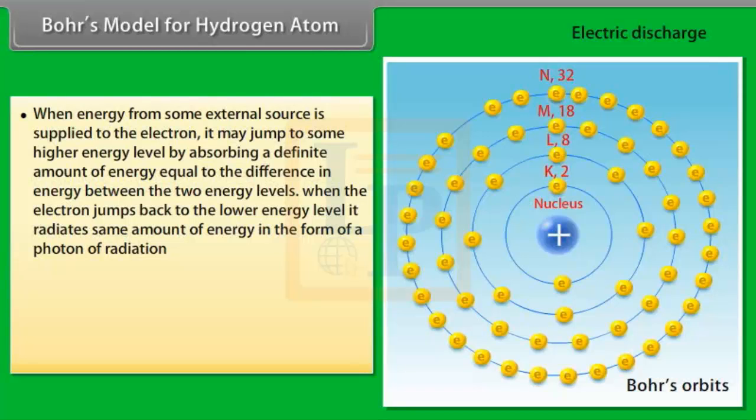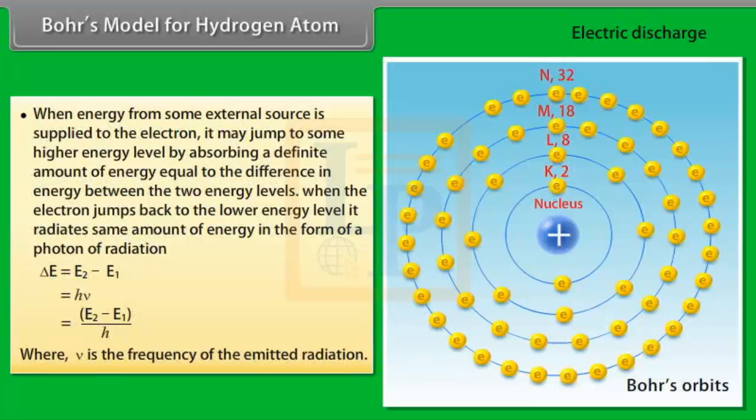When the electron jumps back to the lower energy level, it radiates the same amount of energy in the form of a photon of radiation. Delta E is equal to E2 minus E1 is equal to h nu. Nu is equal to E2 minus E1 by h, where nu is the frequency of the emitted radiation.